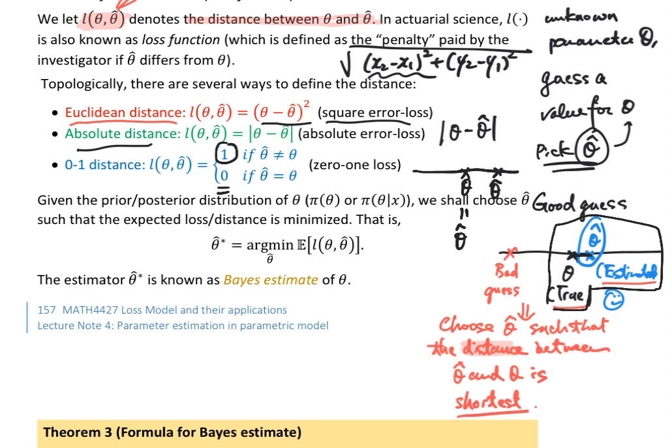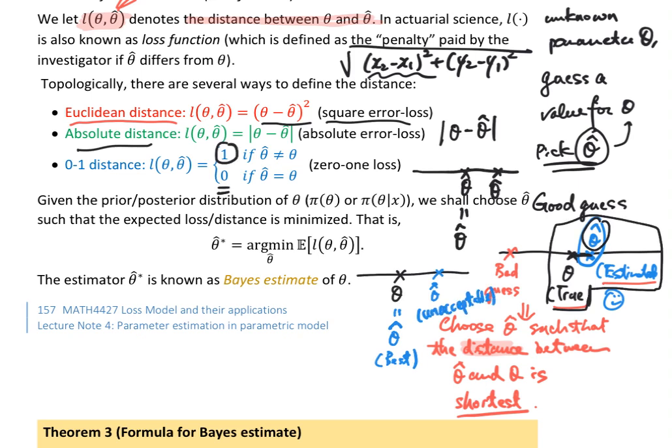So our ideal goal is to have this estimated value be exactly equal to the true value, and that is the best outcome. Otherwise, if theta hat is different from theta, this theta hat may not be able to tell you the true value of theta, and this is something unacceptable.